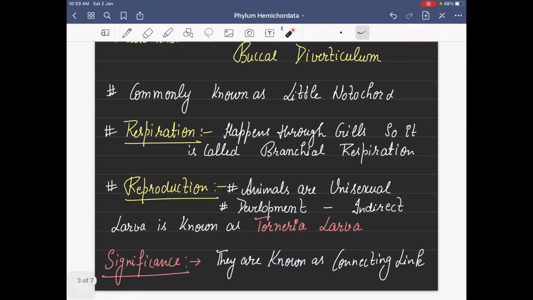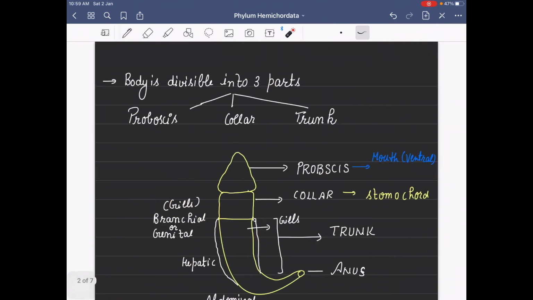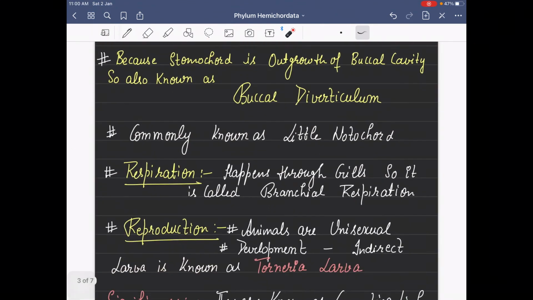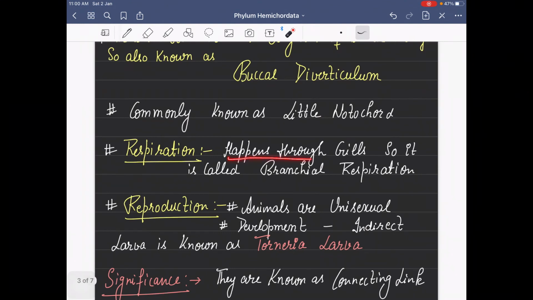Now about respiration, we just wrote here that they have gills in this area. So because respiration happens through gills, it is called branchial respiration.